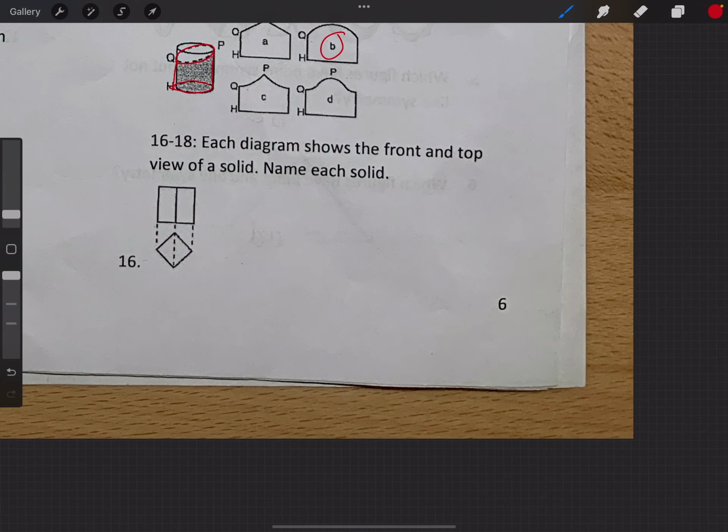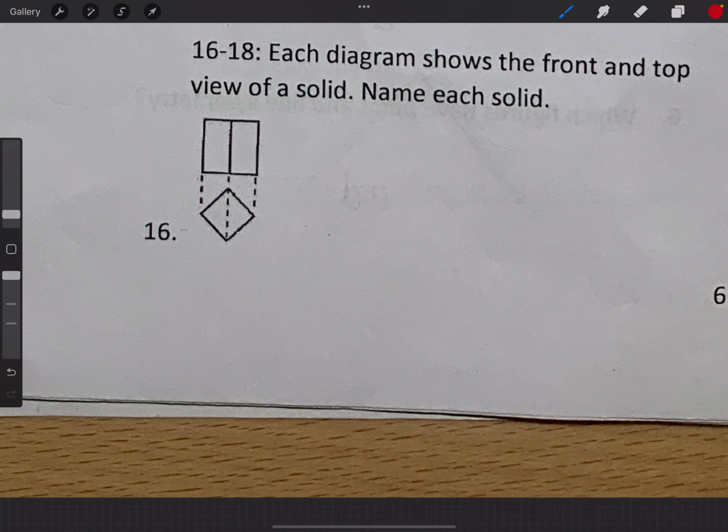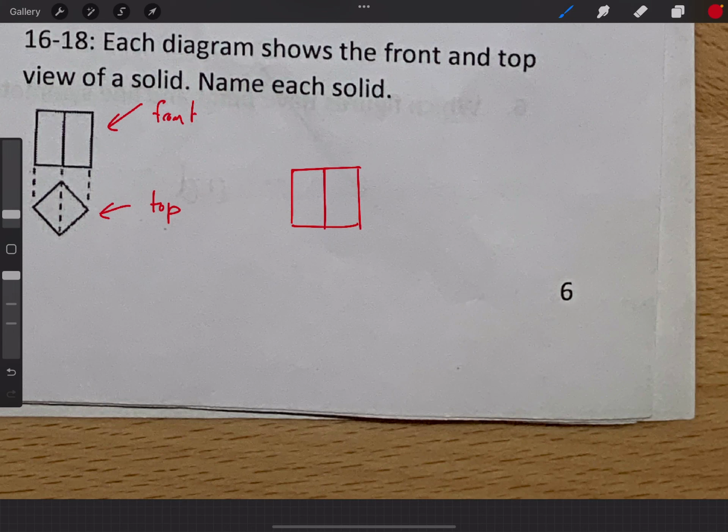Okay, question 16 to 18. Each diagram shows the front and top view of a solid. Name each solid. Okay, so this is the front view, and this is the top view. Imagine from the front we saw this, but then from the top you see this triangle shape.